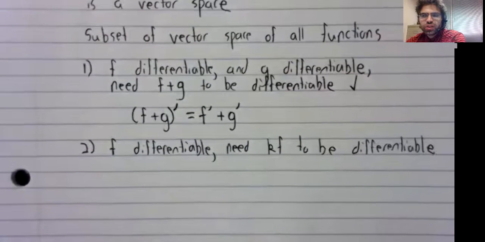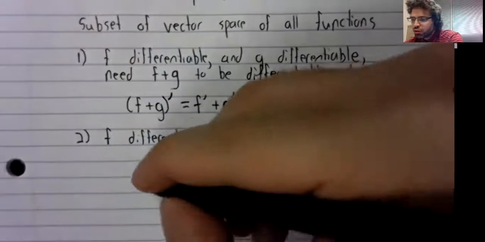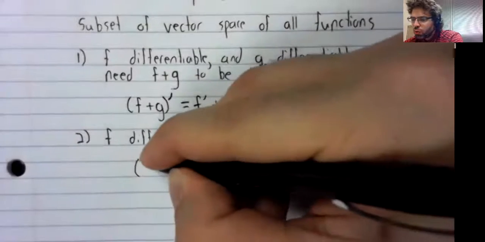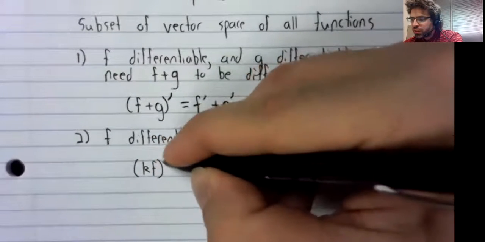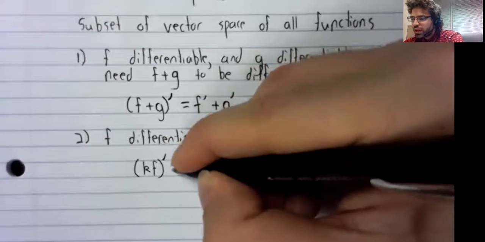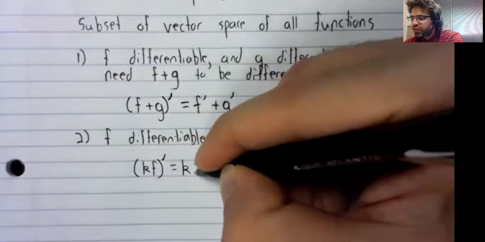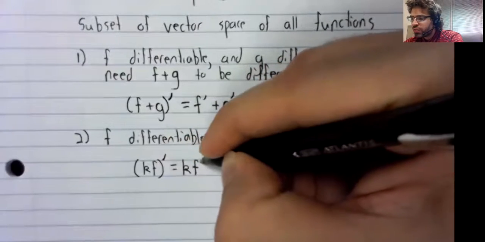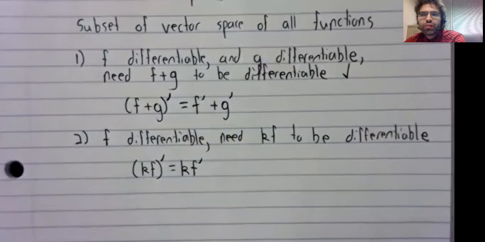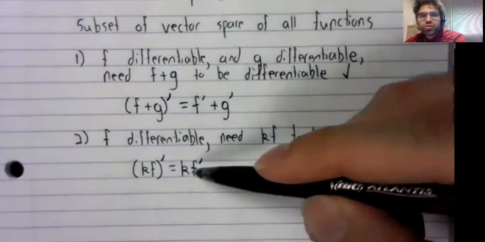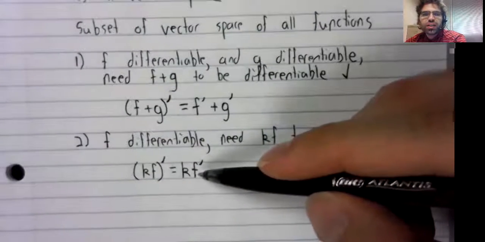And again, this is a very early rule that we learn in calculus. We have an explicit formula for the derivative of kf. It certainly is differentiable, and its derivative is this.